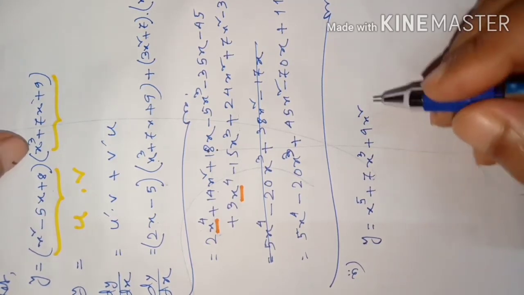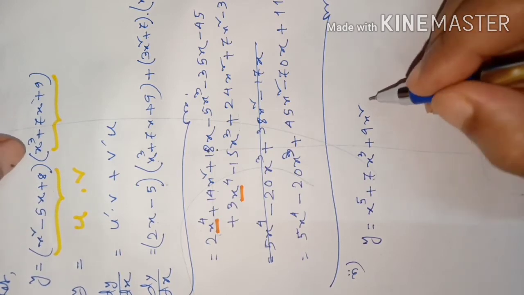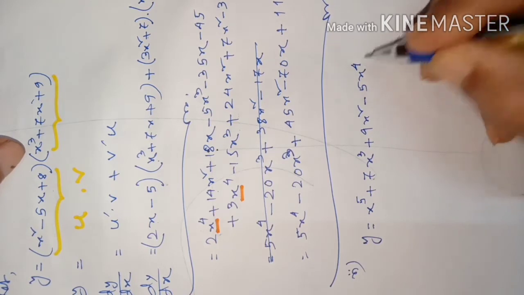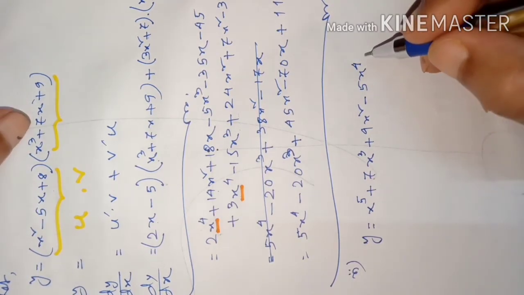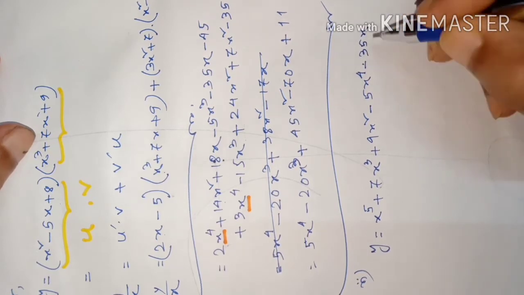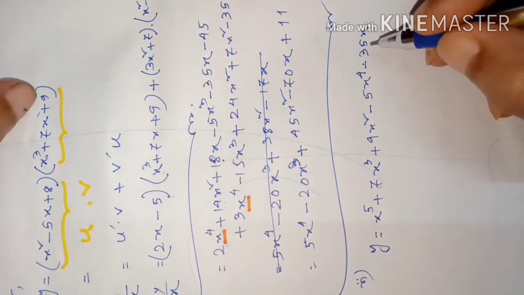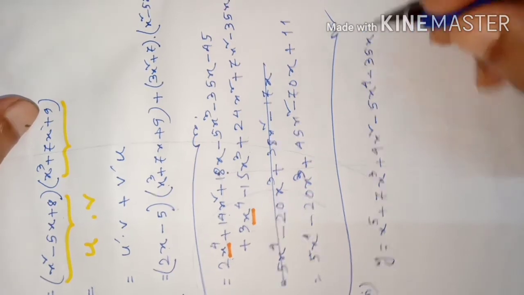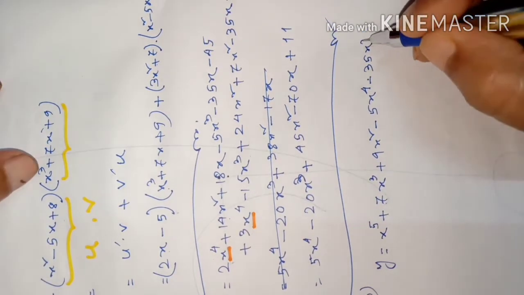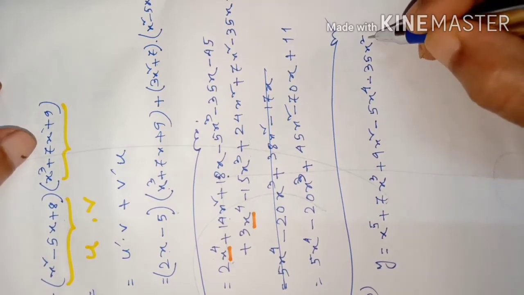Minus 5x into x cube, minus 5x to the power of 4. Minus 5x into 7x, that is minus 35x square. Minus 5x into 9, that is minus 45x.